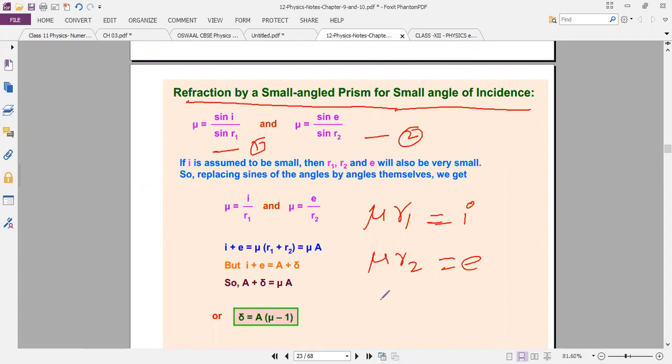Just add, this is equation number 1, equation number 2. I take mu common: mu (r1 plus r2) equals I plus e. So r1 plus r2 is A. Okay, I plus e equals A plus delta.